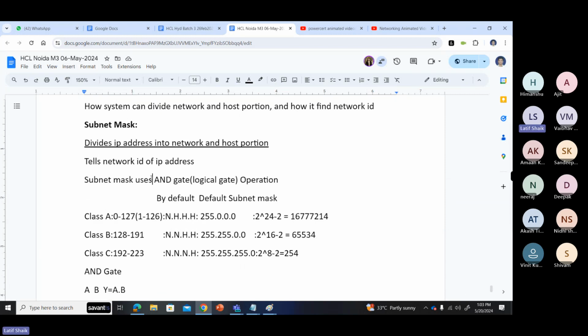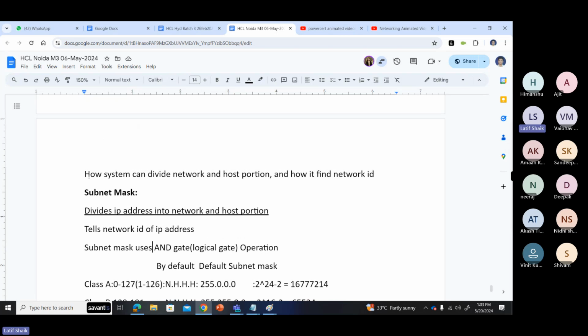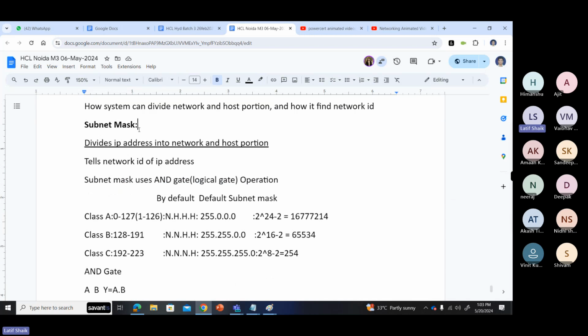Again, how will the system understand what the network portion, host portion and network ID are? Using the subnet mask, the system will divide your IP address into network and host portions and find the network ID.